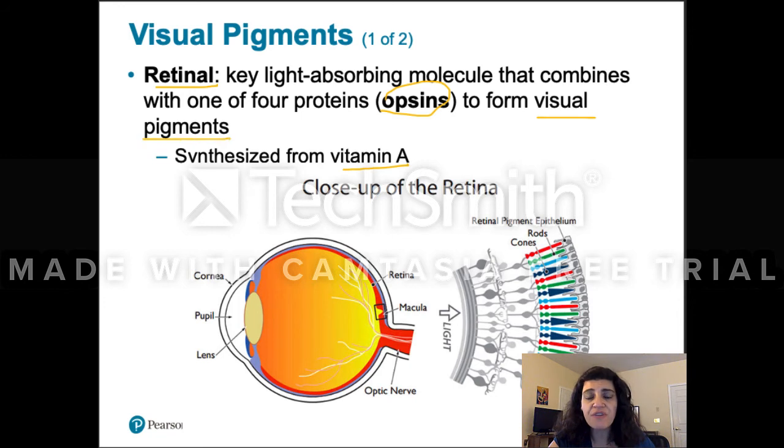So there are different visual pigments. For example, there are different ones that you can find in the cones, and they are used for you to be able to see it. So the cone opsins are very specific for each one of the colors: red, green, and blue.